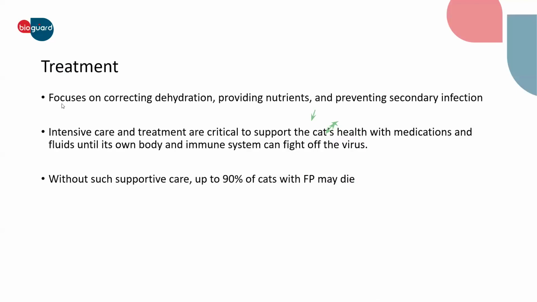Usually it's based on the clinical signs. We try to make the clinical signs less severe and correct the dehydration caused by the diarrhea or vomiting, and also provide nutrients to let the cats stay in better condition of their body and immunity, and also try to prevent secondary infection.